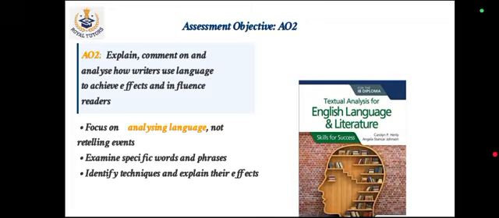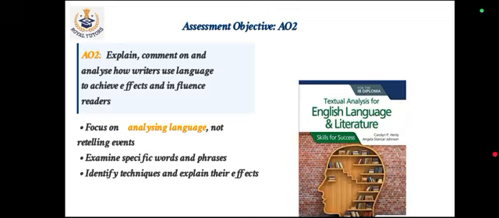It is still focused on analyzing the language. Now, your assessment objective 2, what is it all about? Your AO2 is your ability to explain, comment, and analyze how writers use language to achieve effect and influence the reader, focusing on analyzing language, not retelling events.